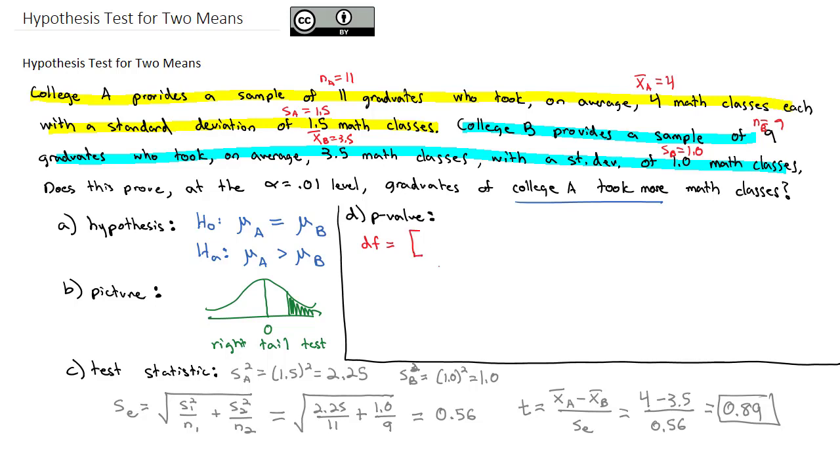It's going to be the standard deviation squared of the first group, which after squaring is 2.25, divided by the sample size of the first group, which is 11, plus the standard deviation squared of the second group, which is 1.0, divided by the sample size of the second group, which is 9, all squared, divided by, and then in the denominator, it's 1 over 1 less than the sample size, which is 10, times the standard deviation squared of 2.25 divided by the sample size of 11, squared, plus 1 over 1 less than the second sample size, times the second standard deviation squared divided by the sample size, squared.